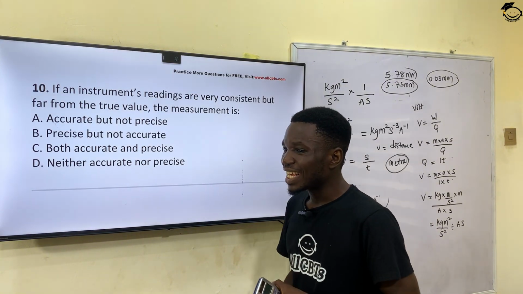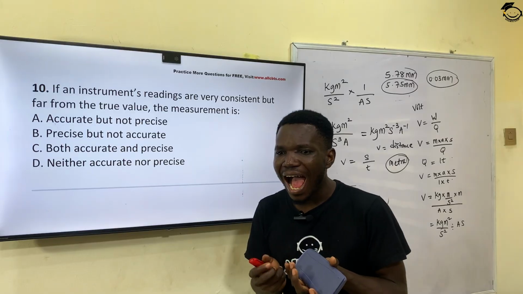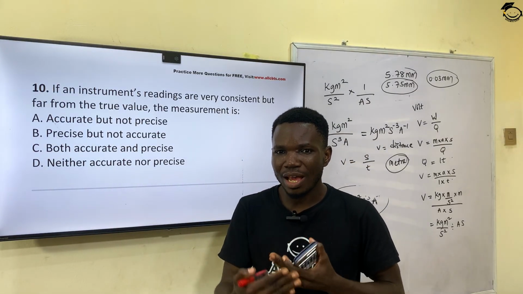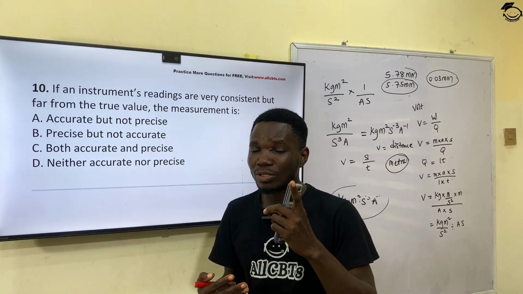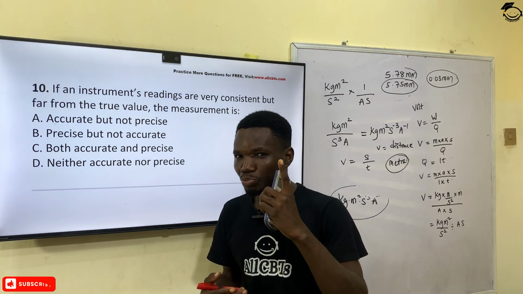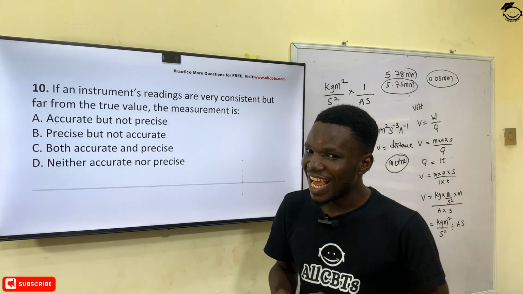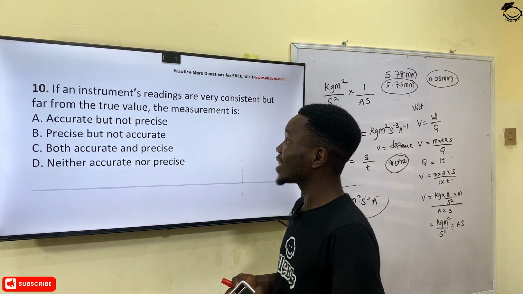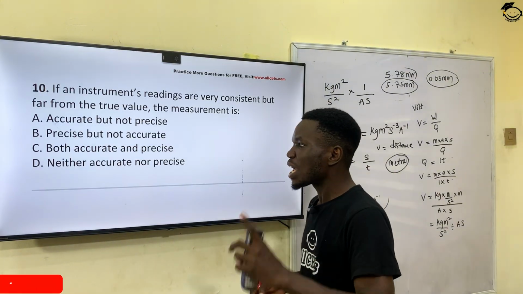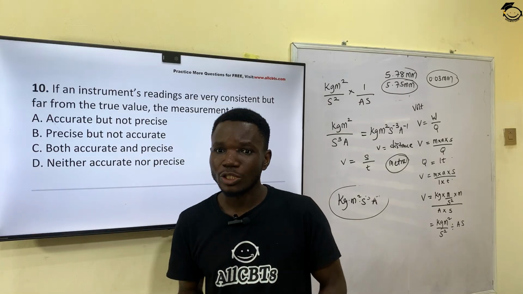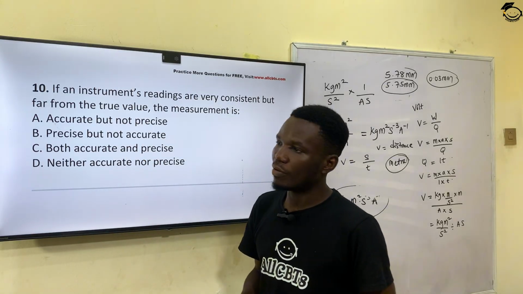Now we said that if the values are very consistent, that means they repeat themselves over a period of time, then that particular measurement is precise. But if they are far from the actual value, then they are not accurate. So the correct answer is precise but not accurate, which is option B.